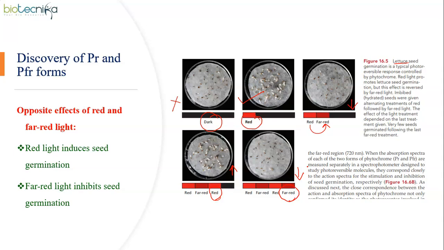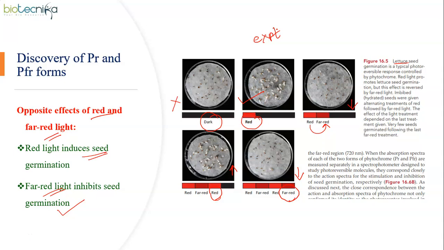So from this experiment, the conclusion was that red light and far red light have opposing effects when it comes to seed germination. Red light is the one that induces seed germination, whereas far red light is the one that inhibits seed germination. So if you are aware of this experiment, it is very easy to get 4 marks out of this question.